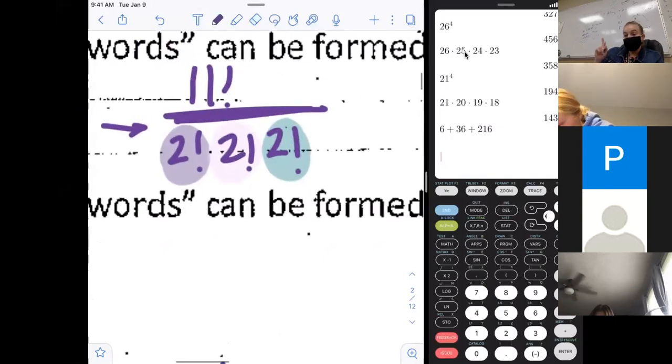I'm only going to do this in the calculator one time, just for ease. Make sure to put parentheses around your denominator.